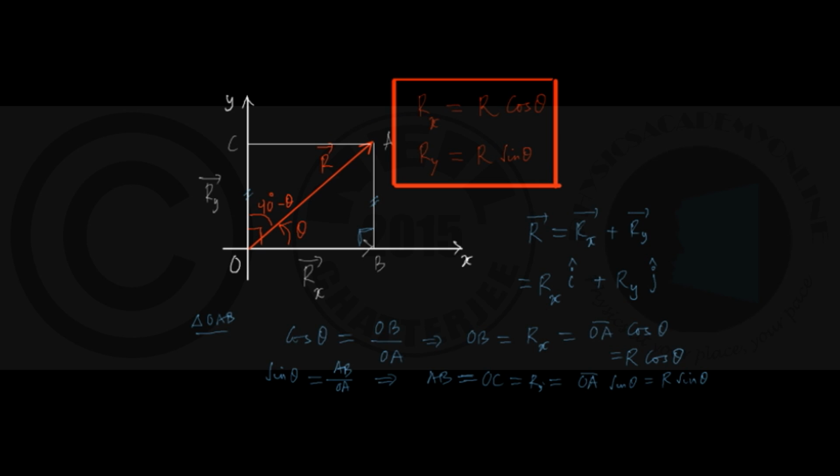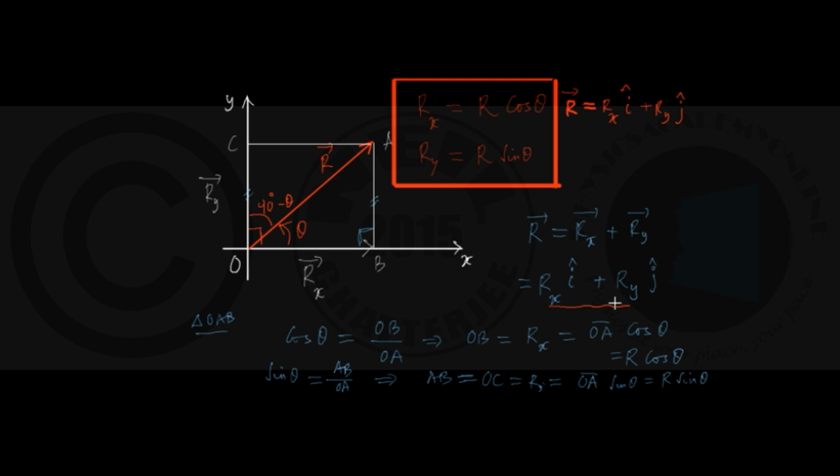We could write that the vector r, as you can see, the vector r can be written as rx i cap plus ry j cap, which I wrote earlier even.